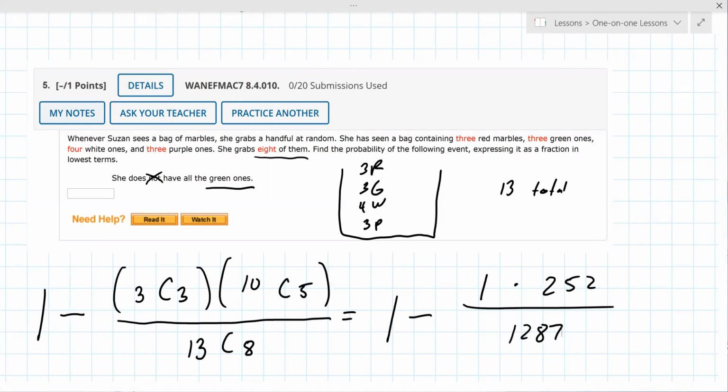So we got 1 minus 252 over 1287, and that reduces to 115 over 143. I got 0.195, and then 1 minus that is 0.804. Okay, it wants it as a fraction, so just be careful to make sure you have the ability to move between those two.